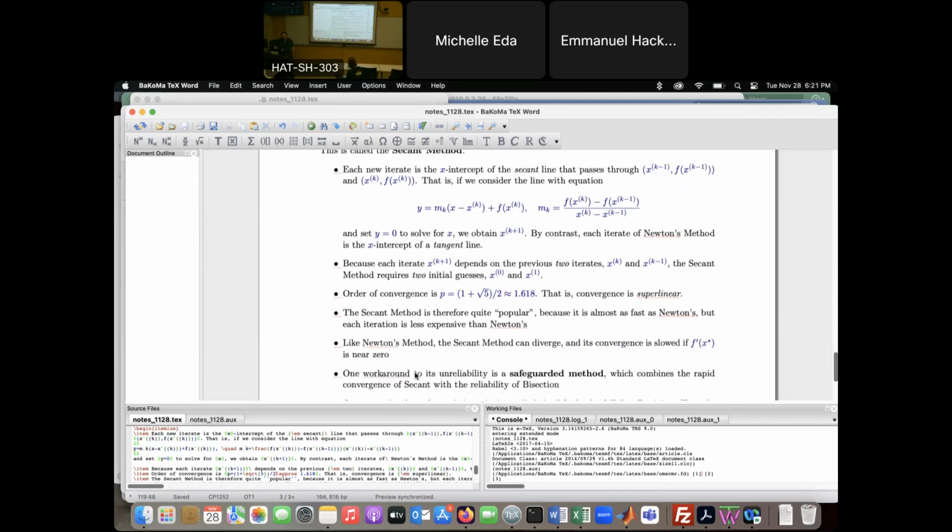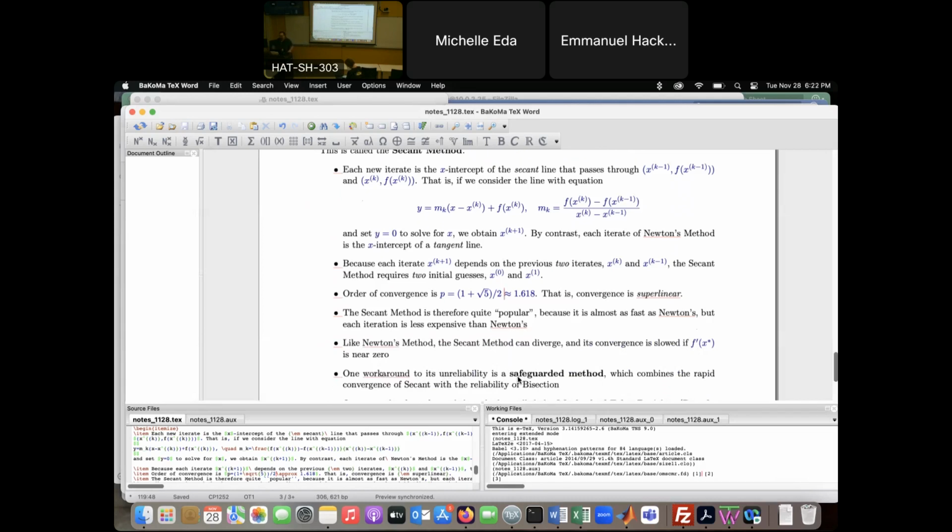One thing to deal with the fact that you might not have convergence is called a safeguarded method. And actually, one of our own, Chandler Chimp, used this in her master's thesis, where you find an interval where a function changes sign, so you know there's a root in that interval. But instead of using bisection to get the root in that interval, because that would take too long, her method actually uses a secant method, where those endpoints are the initial guesses.